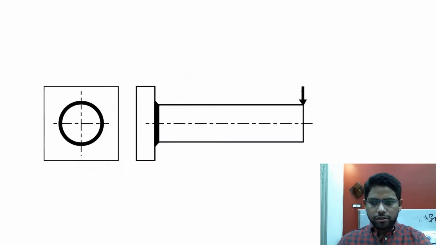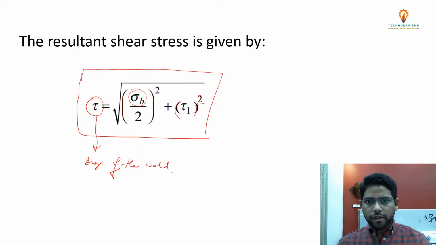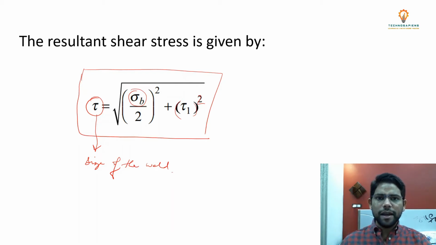Okay, so in these types of problems, you have to first of all read the question very carefully. First, you need to differentiate whether the load which is acting on the structure is in plane with respect to the weld or out of the plane with respect to the weld.